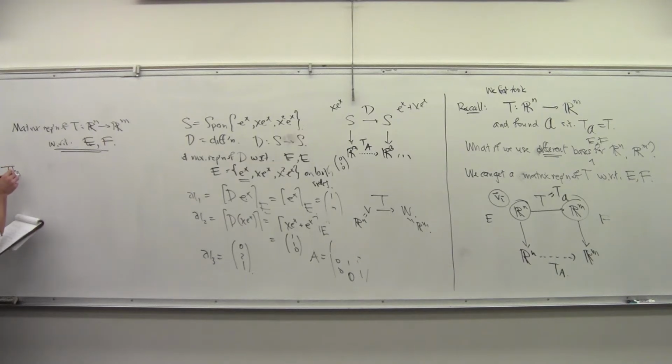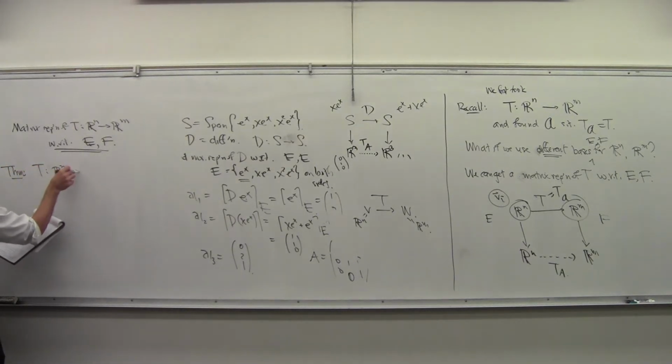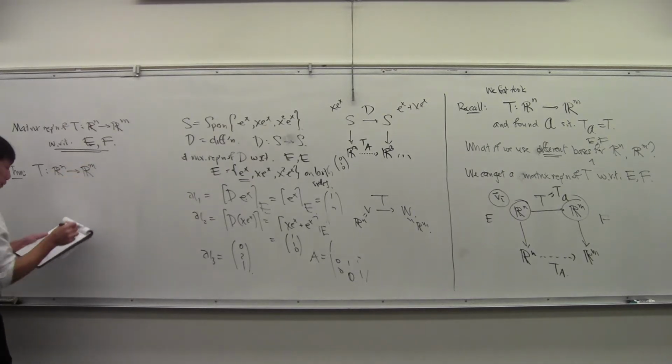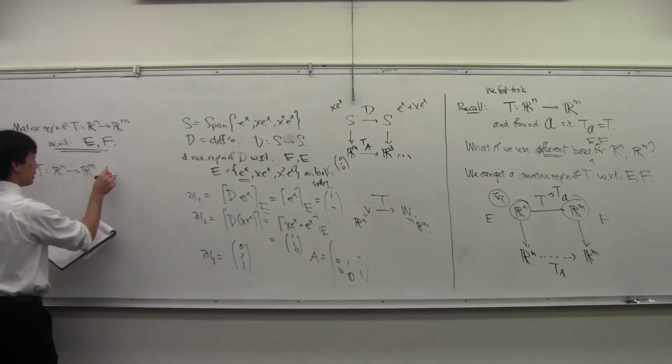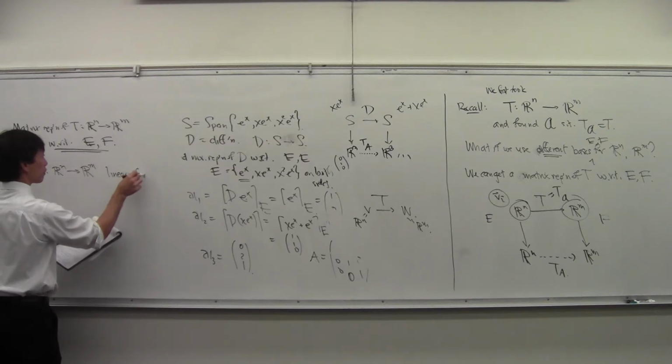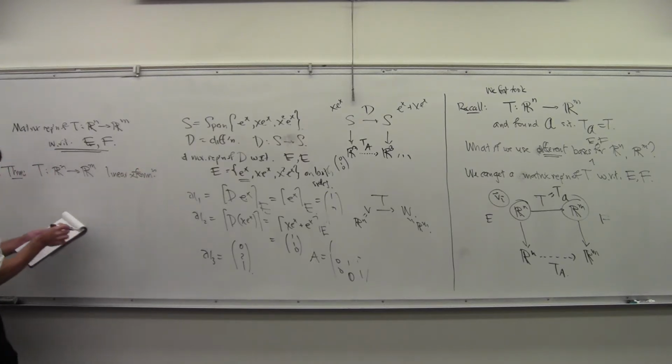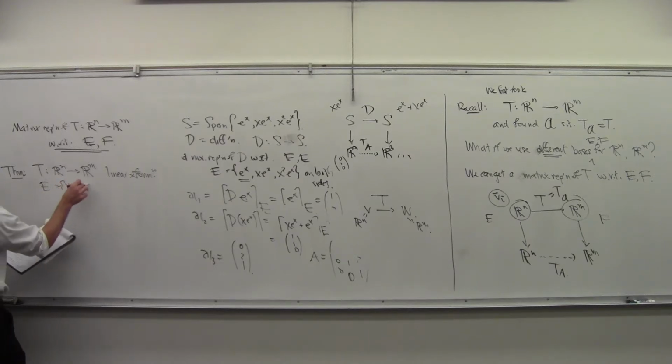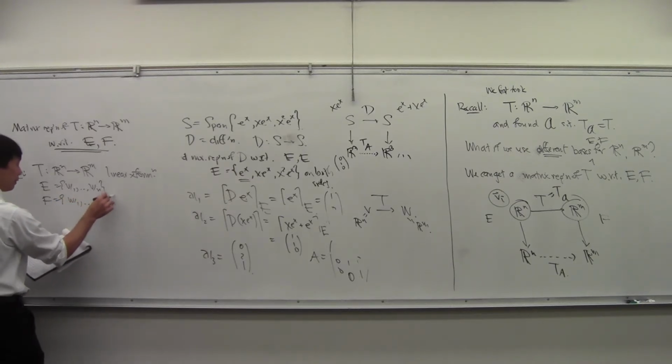So here's the theorem. Going from Rn to Rm, you have a linear transformation, and you have some bases, V1 through Vn, and W1 through Wm.